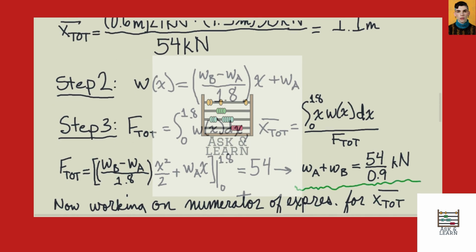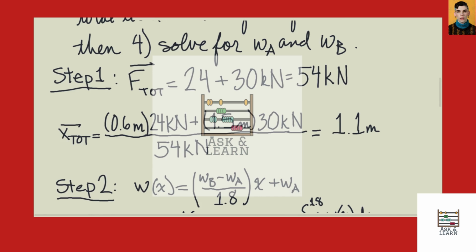That quantity is our slope, and for a linear relationship, we multiply the slope by the independent variable x, the coordinate along the beam. And we need to find an offset as well.